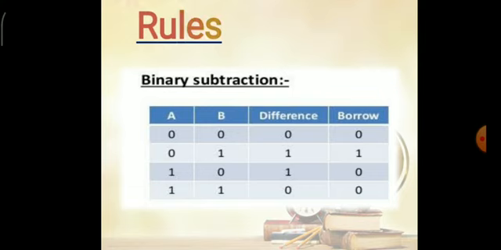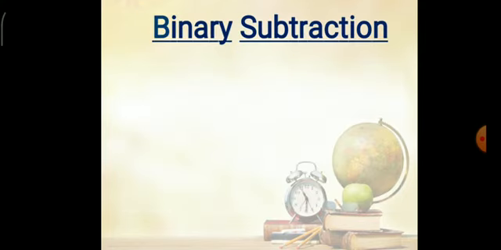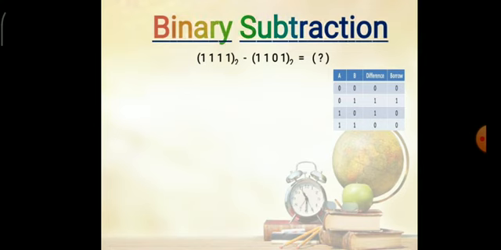Let's understand with an example. Subtraction of 1111 minus 1101 equals what value? 1111 is binary of 15 and 1101 is binary of 13.